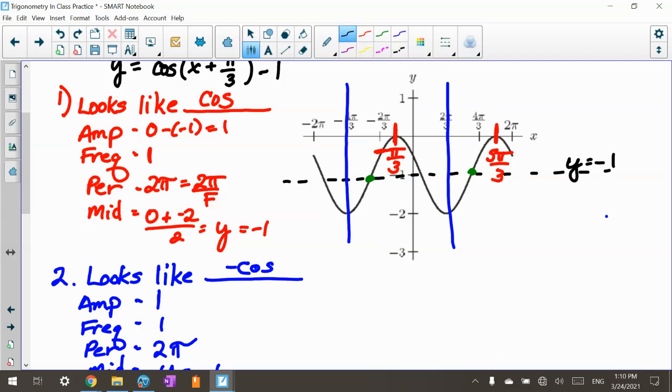So for the last one, you've got to trust me on this. I just don't think their scale is really good. It's the same curve, the same frequency, the same amplitude, the same period. But for number 3, it looks like sine. So I'm going to say y equals sine, but now it's been shifted over 5 pi over 3, so it's going to be plus because it's to the left.